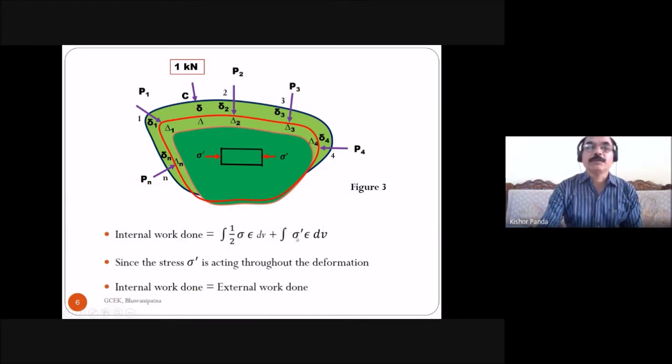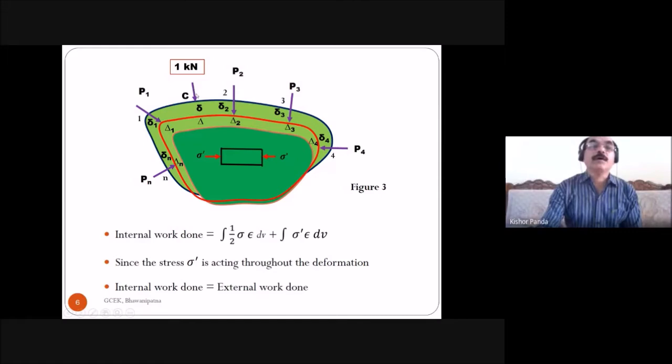So integration of sigma dash, because this unit force is already acting on the body. What is the strain energy due to this unit force? Integration of sigma dash epsilon dB. Here you have to take epsilon as the strain after application of this force, but the stress remains the same.